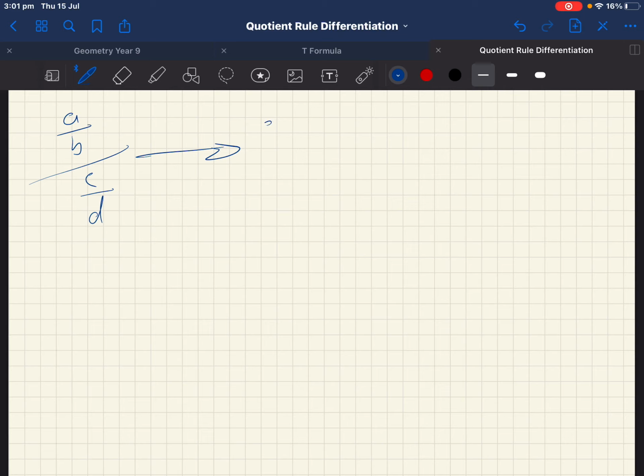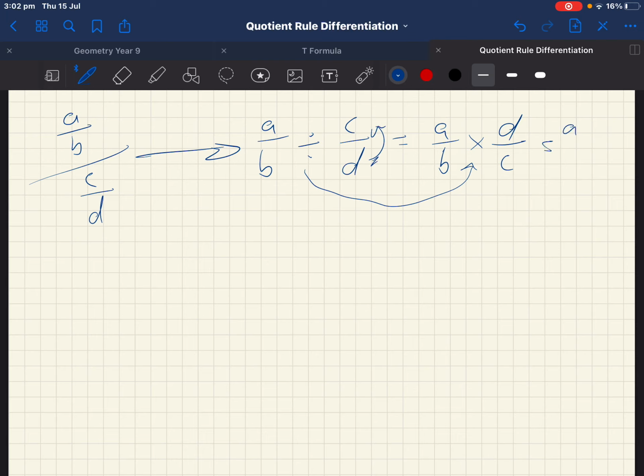Much better is writing a fraction over a fraction, replacing that big fraction with a divided by. Because in this format, it's much easier to do. We know what to do, right? You change the divide to a times, you flip the second fraction, and it's much easier to simplify.